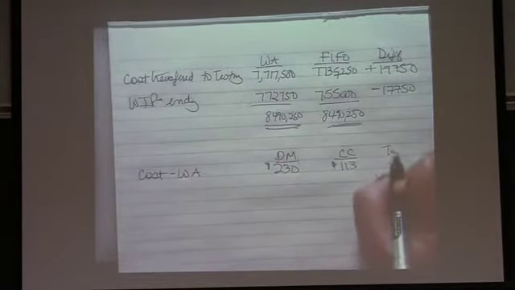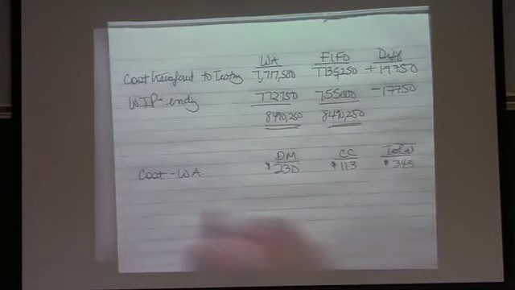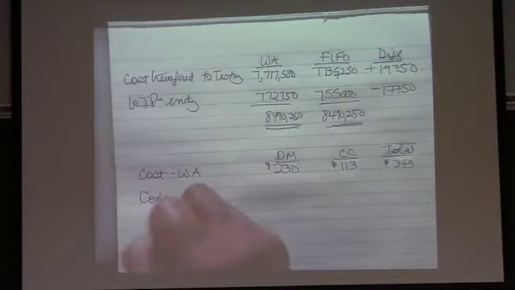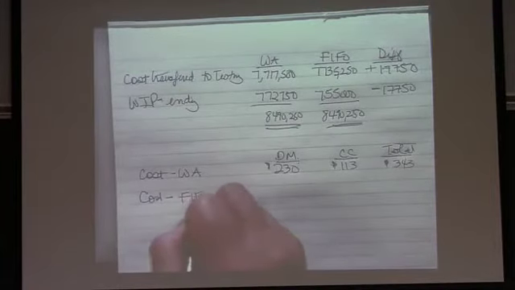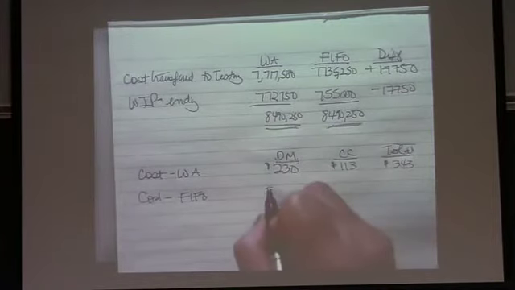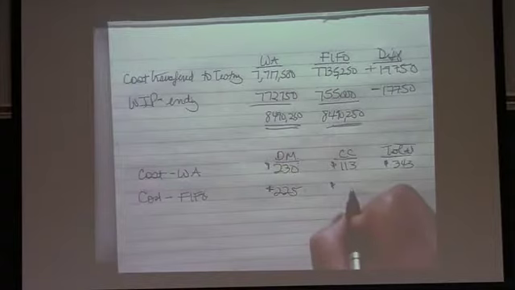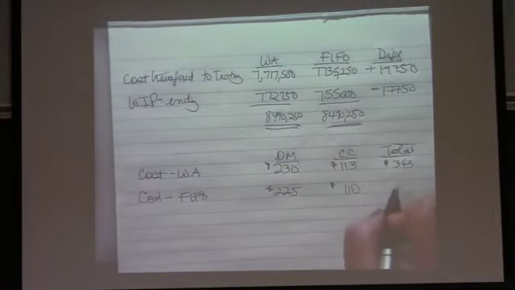So total cost is $343. The cost for the FIFO method is $225 and $110.